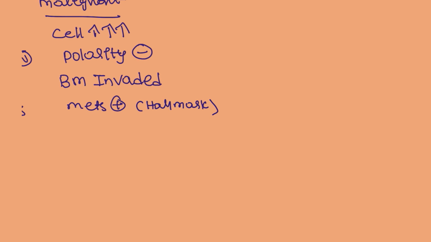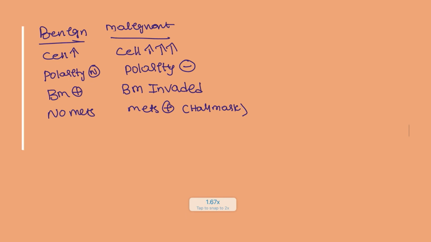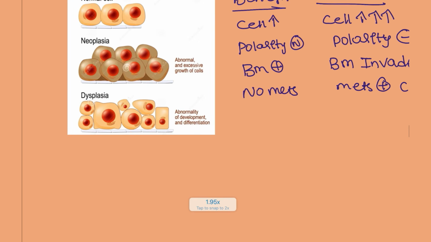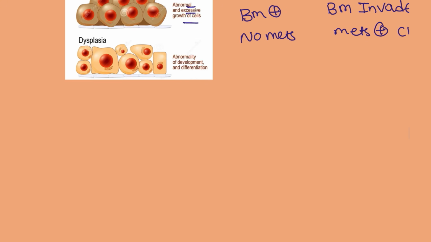If metastasis is present, then that is likely to be a malignant condition, right? So here you can see neoplasia is abnormal excessive growth, and most commonly this is anaplasia. Okay, you can't differentiate which cell is which. That is anaplasia. Next, we also have dysplasia, the disorganized type, right?